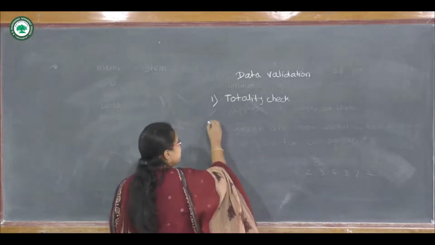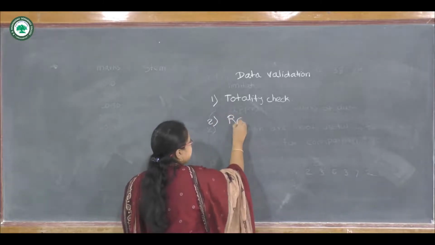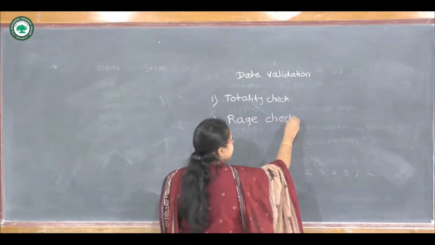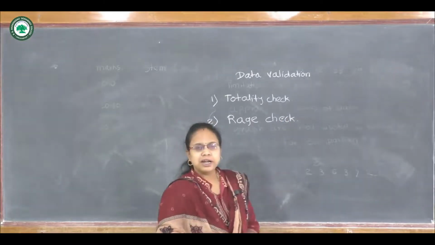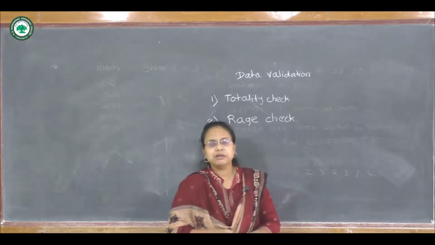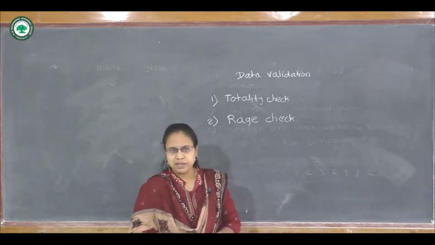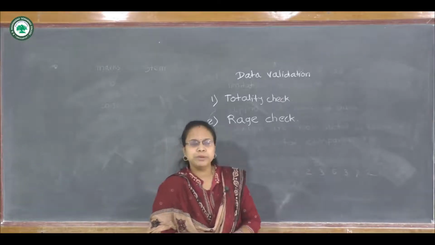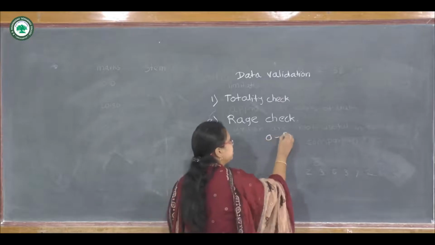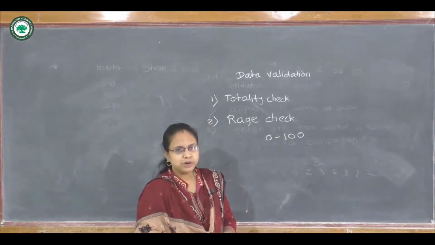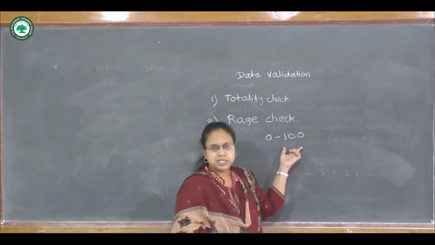Then the next is we should check the range, meaning range check. Suppose we are given that a unit test is taken for 100 marks, then it should be noted that the marks should be between 0 to 100. The marks are between 0 to 100, that is, in this range.